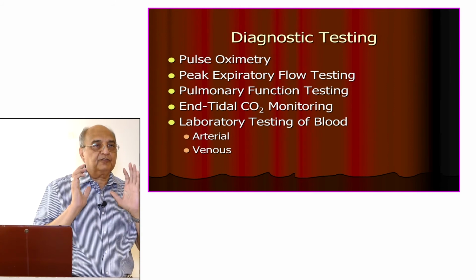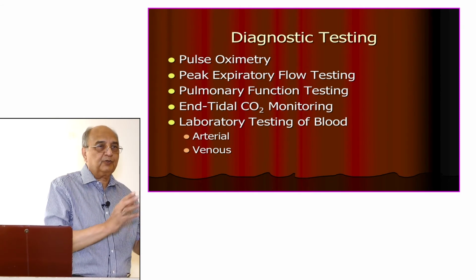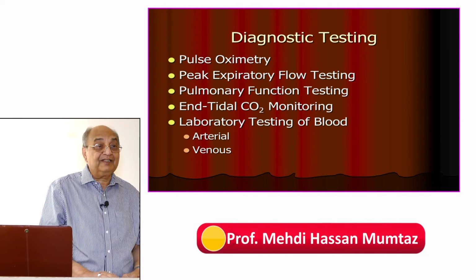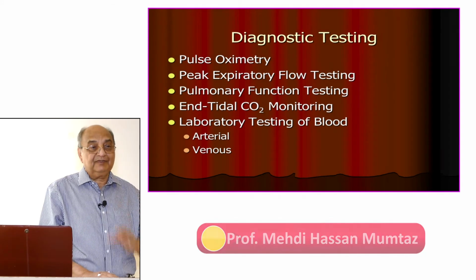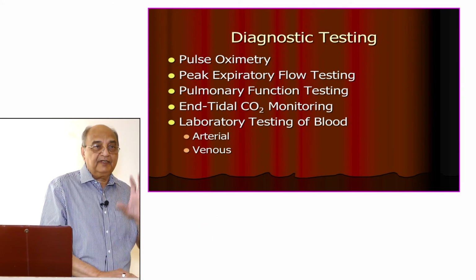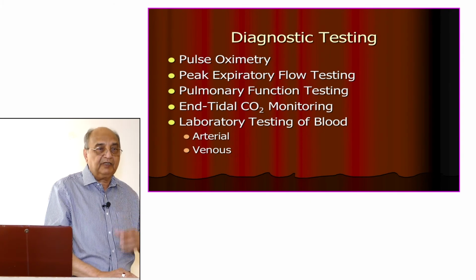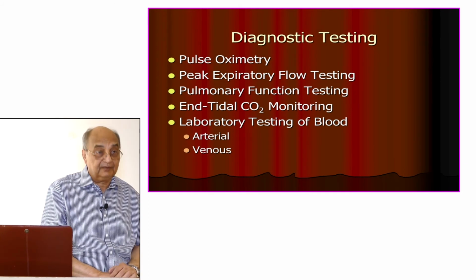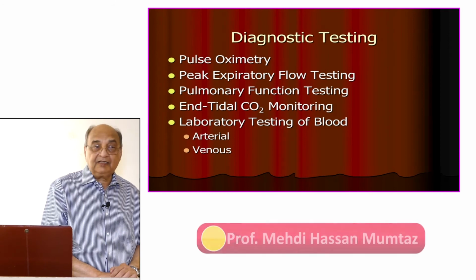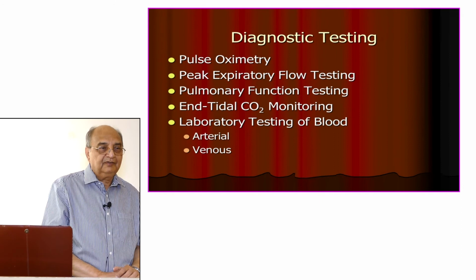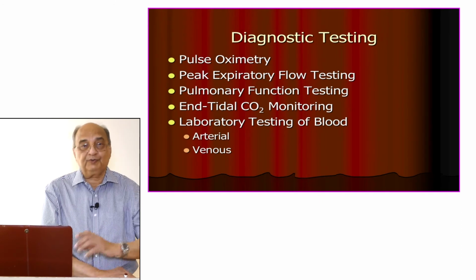Even if the hemoglobin is 4 gram or the hemoglobin is 20 gram, the oxygen saturation does not quantitate the amount of oxygen there. So saturation only tells you the patency of respiratory system. It also tells you about the patency of alveolar capillary pathway. It also tells you about the oxygen dissociation curve. It does not tell you the amount of oxygen. It does not tell you the oxygen delivery to the tissues also.